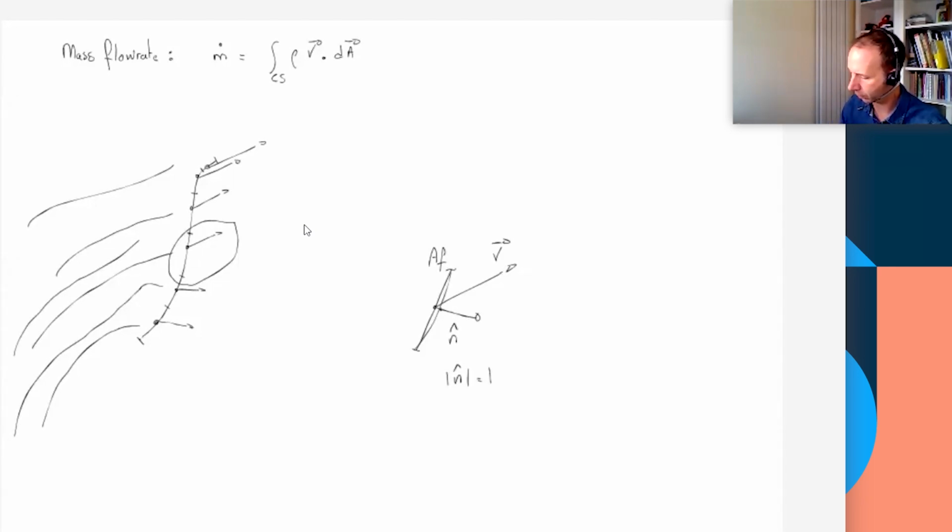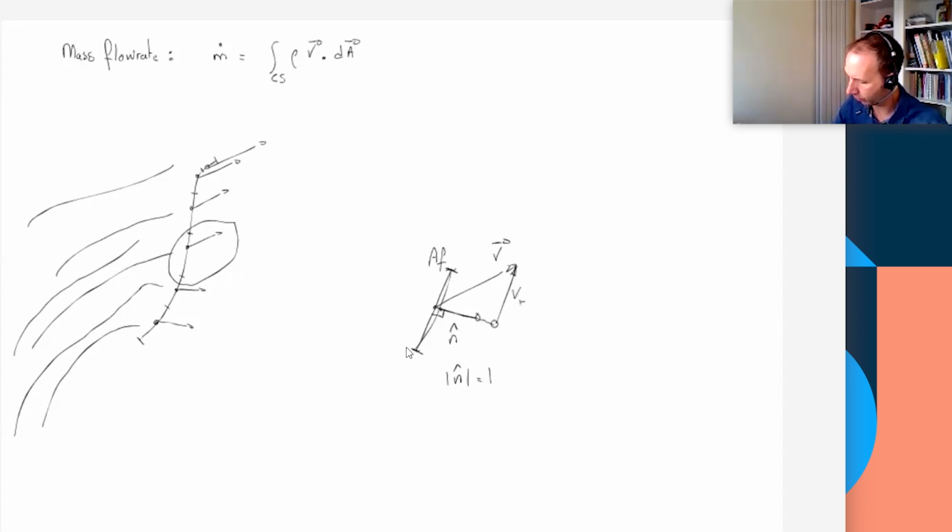The property of that unit outward normal is that it is perpendicular to the surface of area AF. If you want to know how much fluid is going through this surface, you need to project or decompose that velocity vector into 2 components.